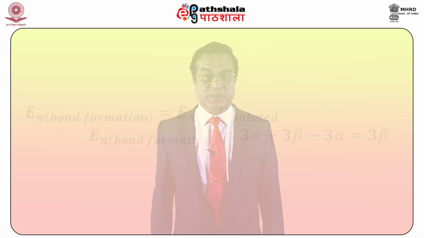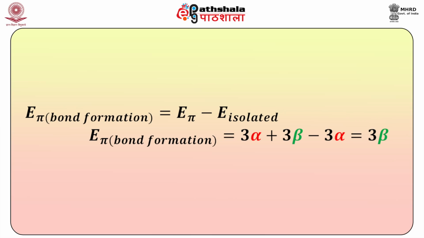Another term which we will now consider is the pi bond formation energy, which is basically the energy released when a pi bond is formed. In the case of cyclopropenyl radical, the pi bond formation energy would be equal to the energy of the cyclopropenyl radical minus the energy of 3 isolated carbon atoms, each one of them having energy equal to alpha.